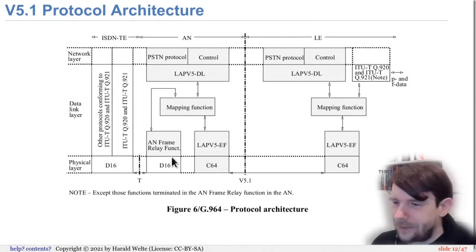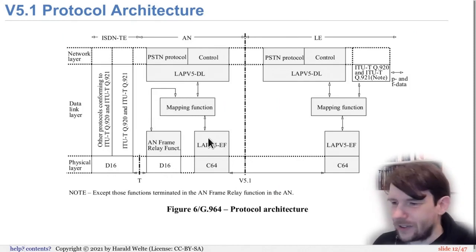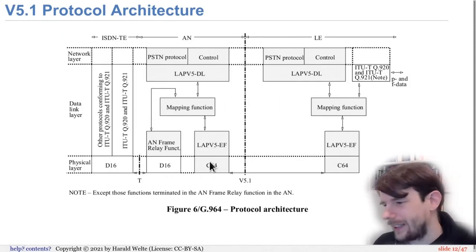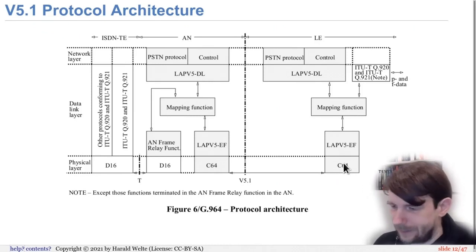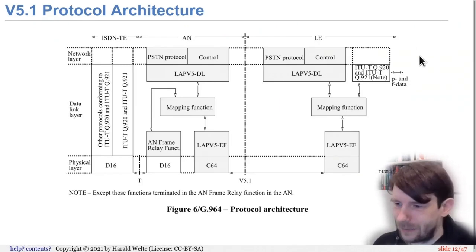They come into this frame relay function, go into a mapping function, go into an envelope function, and leave on the 64 kilobit signaling channel. And then they arrive here on the right-hand side in the local exchange, where they go again through a mapping function, and they end up here in the Q921 layer 2 and then Q931 layer 3 stacks further up the stack.